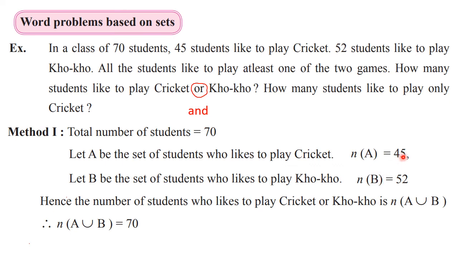So when we subtract it from 45, we get the number of students who like to play only cricket. In this way we have to find two things here. Now let us see how it is solved by the first method, using the formula.